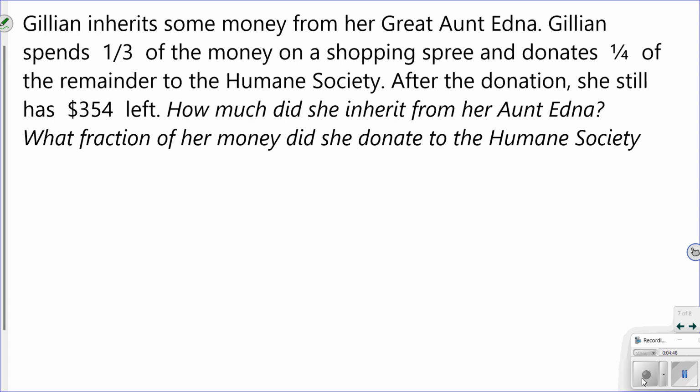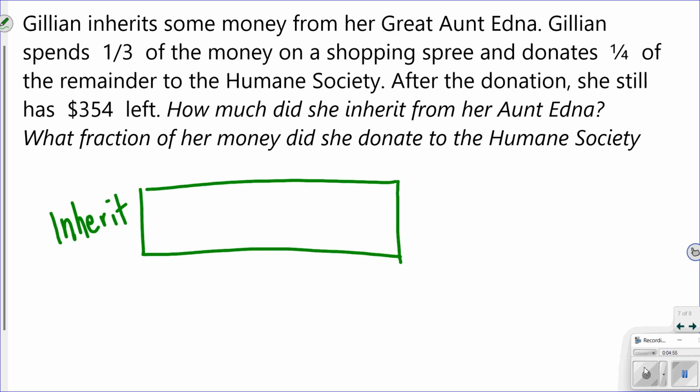All right, the first thing we're going to do is we're going to create our bar model to represent how much money Jillian inherited. And we're told that she spent 1/3 of it, and then she donates 1/4 of the remainder. So the initial breakdown of the inheritance is into thirds, and the first third she spent.